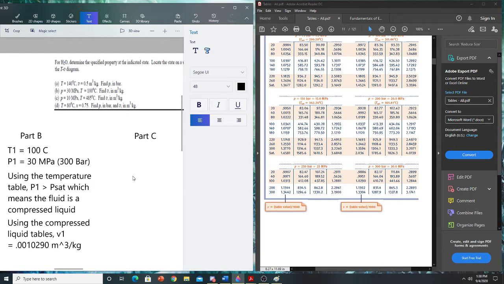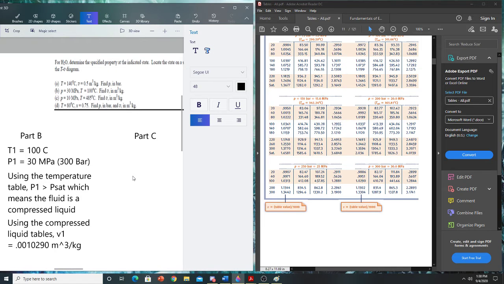Does anybody have any questions about that? Once again, the hard part was finding if it was superheated or subcooled. Remember, on the pressure table, if our temperature is higher than the one listed, we are superheated. If on the temperature table, our pressure is higher than the one listed, we are subcooled. So they flip.